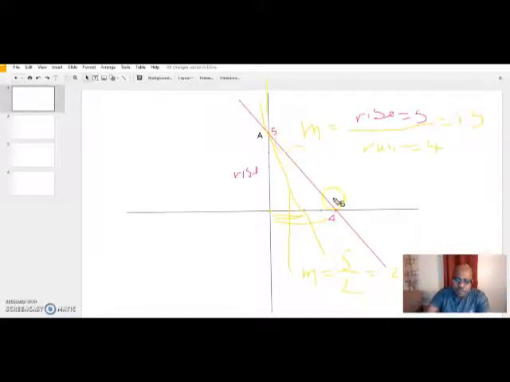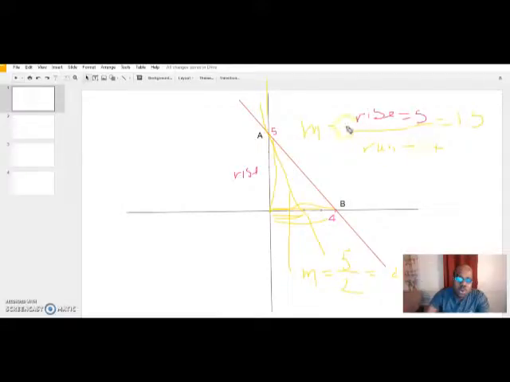But understand, sometimes the rise can be negative. Let's say I have to move from A to B: I'm going to the left and going up. That's why the result is going to be negative, because I go to the left and I go up.